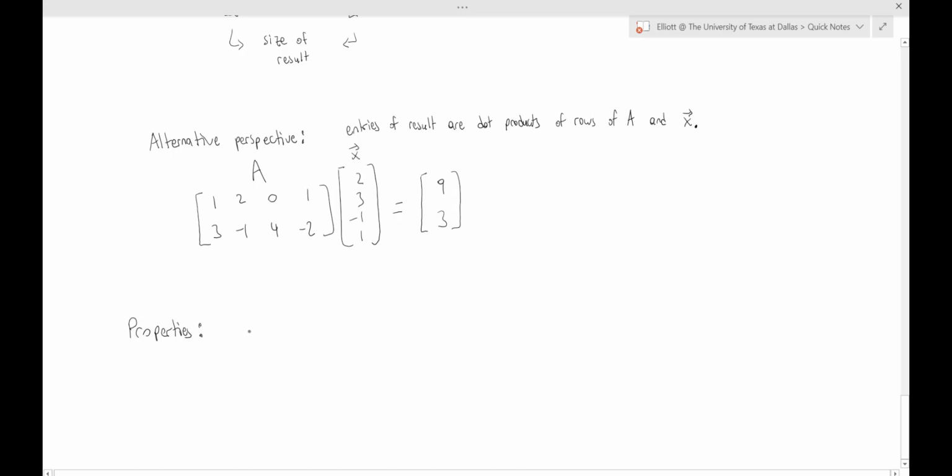Okay, so matrix vector multiplication is distributive. So if you have A times vectors u and v, that's the same as A times u plus v is the same as Au plus Av.